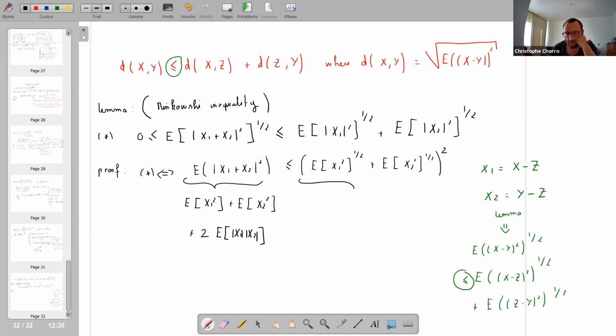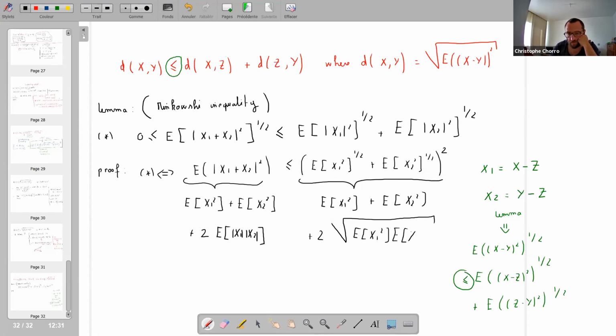Once again, if I develop this square here, I obtain the expectation of x1 square, because it's the square of the square root, plus the expectation of x2 square, plus 2 times the square root of the expectation of x1 square times the expectation of x2 square.